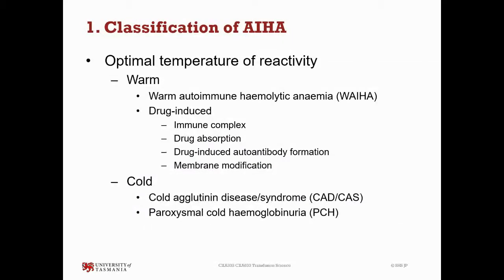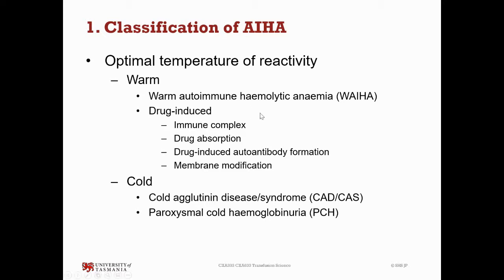So as we already know, because Jordan remembered quite correctly, the main classification of autoimmune hemolytic anemias is their optimal temperature of reactivity. And so that first subclassification is between warm autoantibodies and cold autoantibodies. And so we divide that into further subdivisions, and so we talk about a warm autoimmune hemolytic anemia, and also most drug-induced hemolytic anemias, the autoantibody that's produced there is a warm autoantibody too.